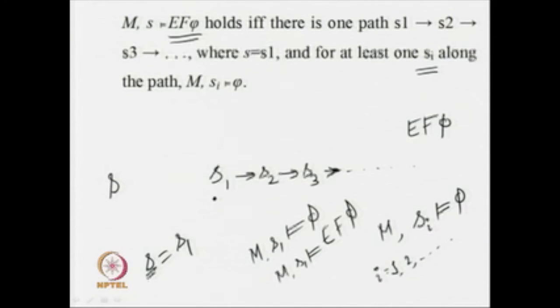If a particular formula holds in a state, we say that EF phi holds in that state also. Similarly, AF phi will also hold in that state if phi holds in that state. This is the way we have defined the semantics, because we have not excluded S1 from any Si. That is why the present state is also included in the future behavior.